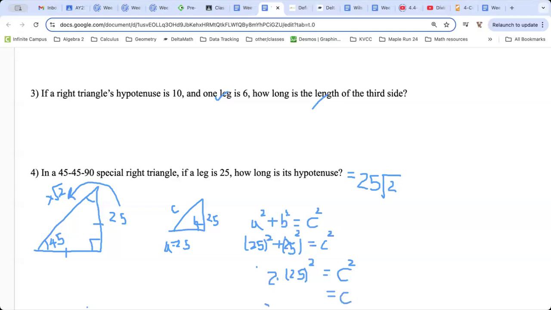Square root of 2 is square root 2. And square root of 25 squared is what? It's 25. So again, if you did the Pythagorean theorem, you get exactly the same answer. 25 times square root 2 is the same as square root 2 times 25.